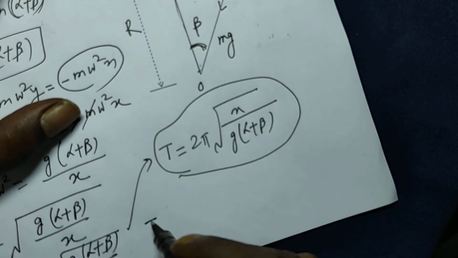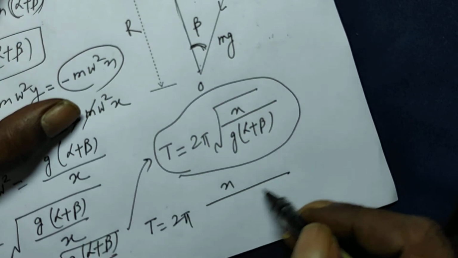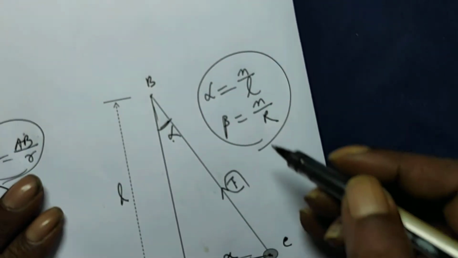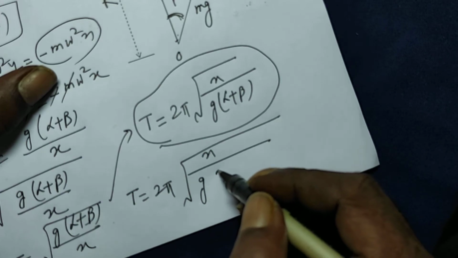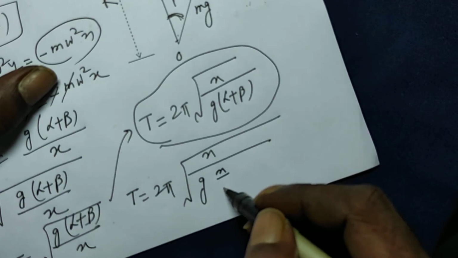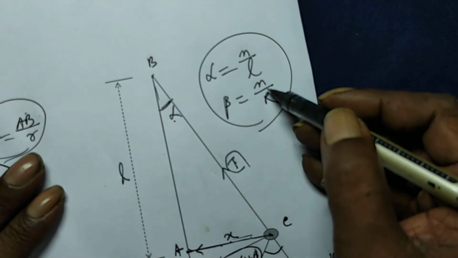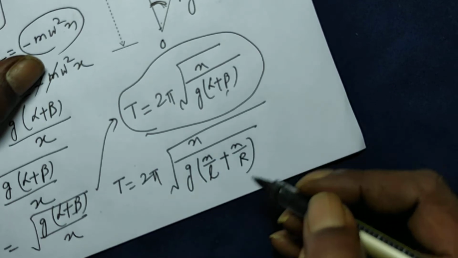So your T therefore becomes T is equal to 2 pi times the square root of x over g times (for alpha I write x over L, for beta I write x over r).